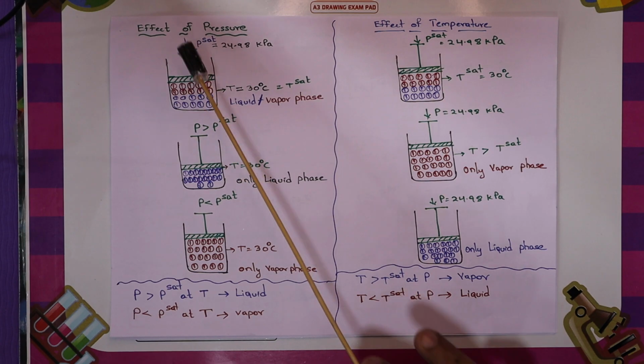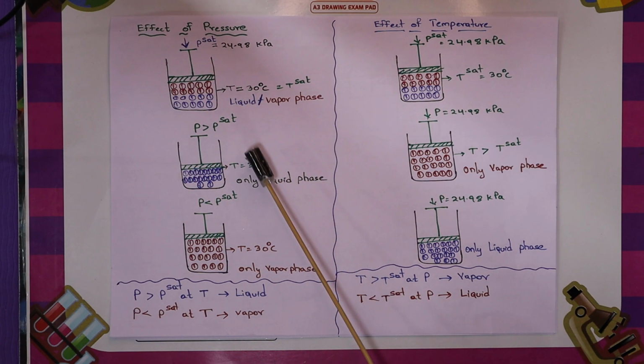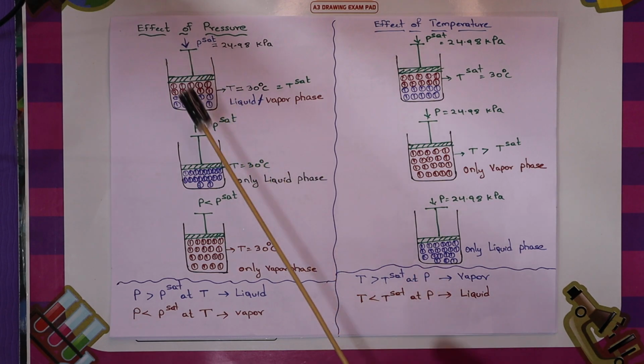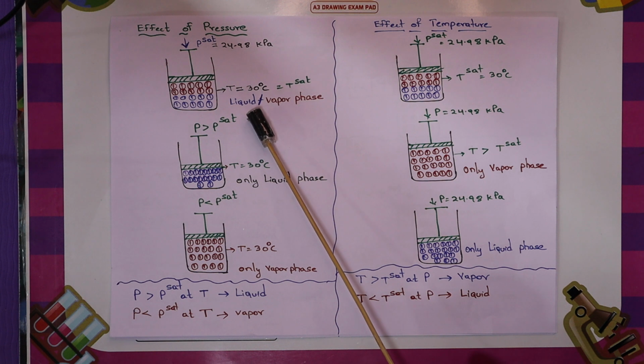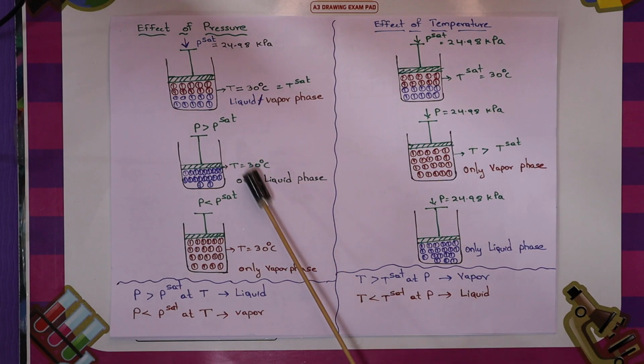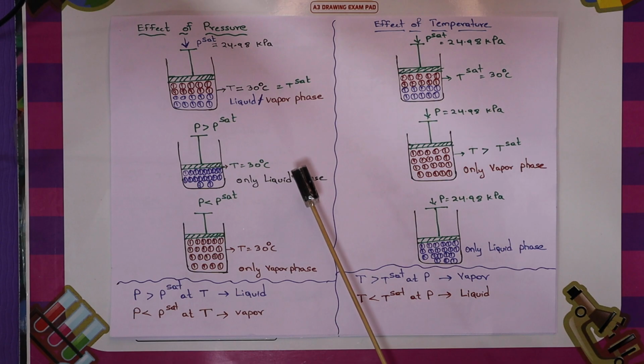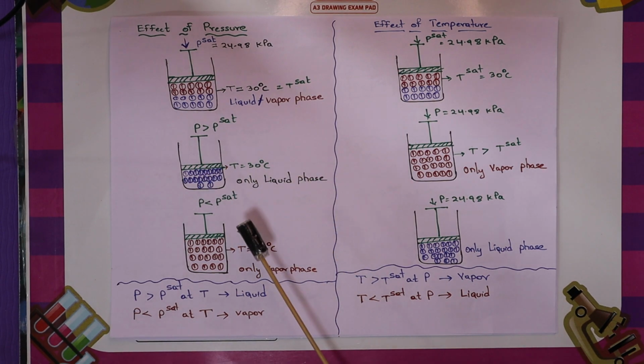What happens if you increase the pressure at the same temperature? I maintain the temperature constant at 30 degrees centigrade and slowly increase the pressure. As discussed, if you increase the pressure higher than the saturation pressure at the same temperature, the n-hexane will completely become liquid. This is a subcooled liquid state.